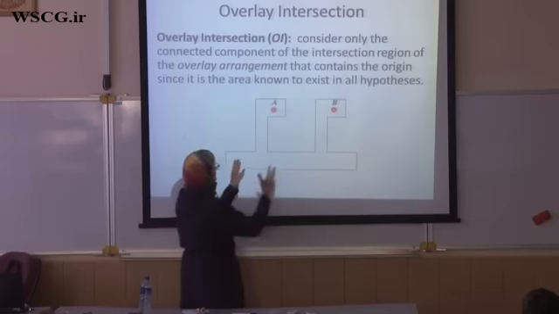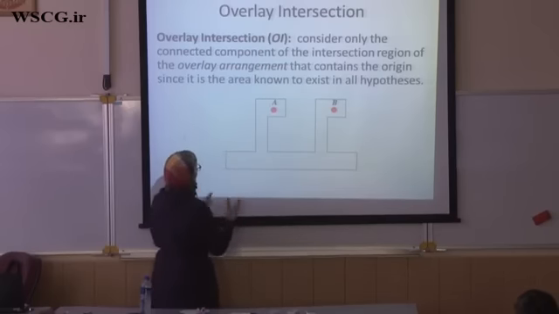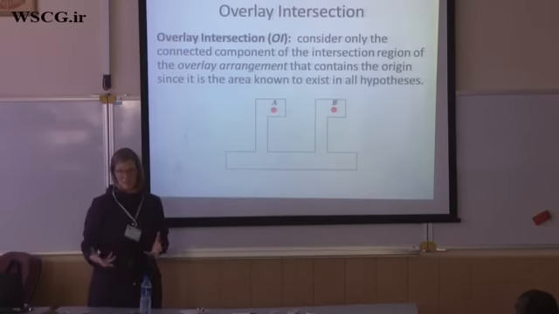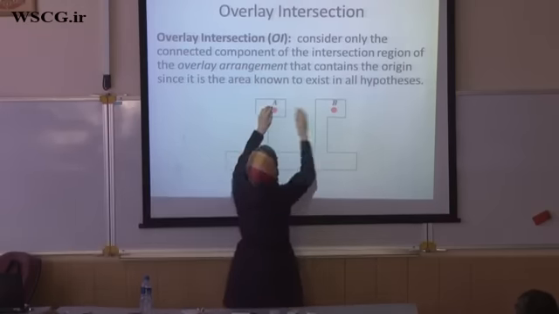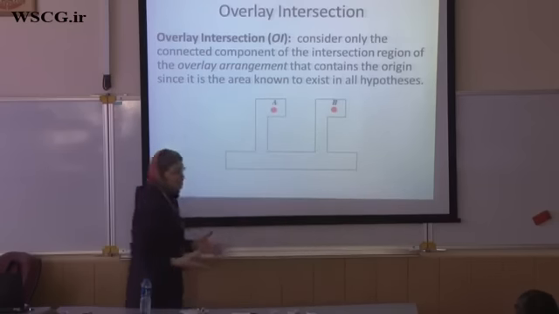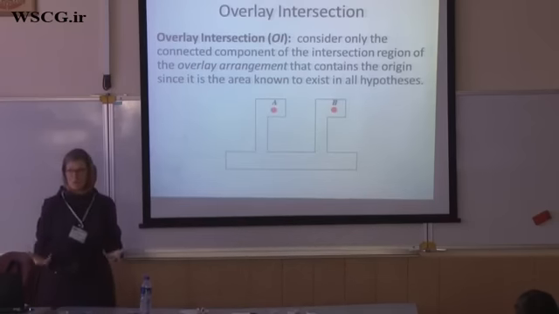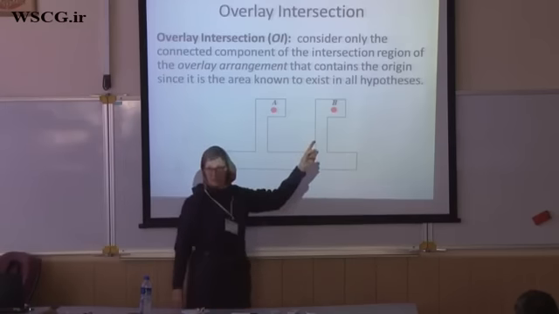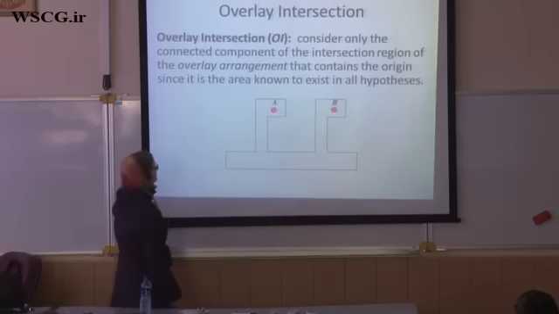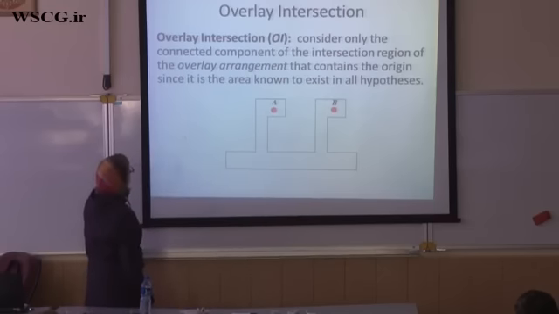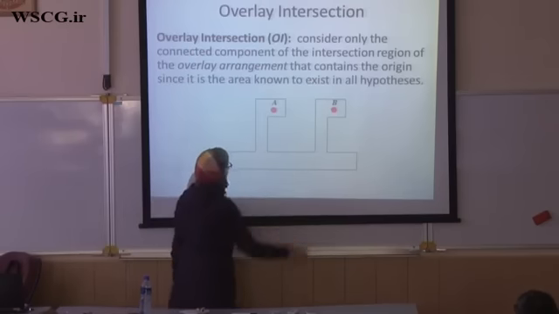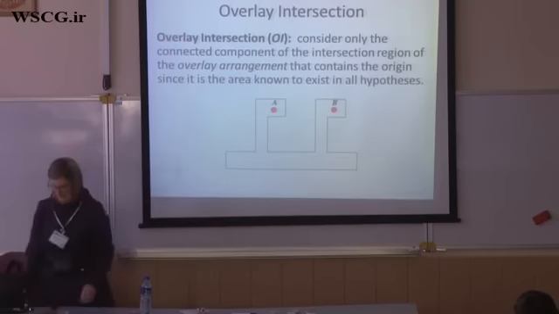So you intersect those two regions, and you look at the connected component that contains the hypotheses that have been mapped together, and that's going to be a safe region to move around in, no matter whether you started at A or at B. You're not going to bump into any walls if you do that.